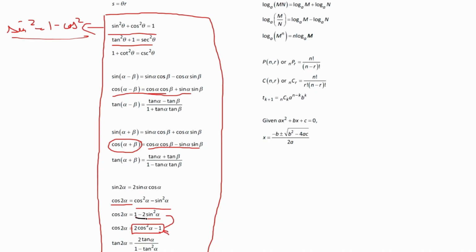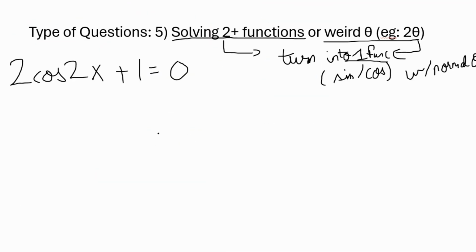Use 1 minus 2 sine squared a or 2 cos squared a minus 1. You can use either one of those. The sine squared one might confuse you a bit, so I'll walk you through both of them. The better way is the cos one.